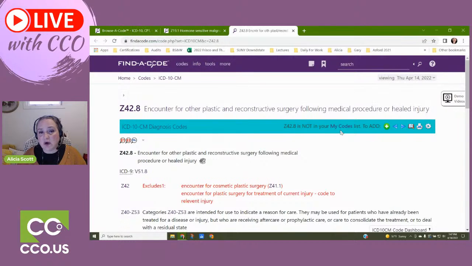Remember that if you are a cleft palate baby, what are you going to have? Reconstructive and plastic surgery to repair. There are providers that specialize in plastic surgery for this very thing, reconstructive surgery and reconstructive surgery after healed revisions. So, again, there is.